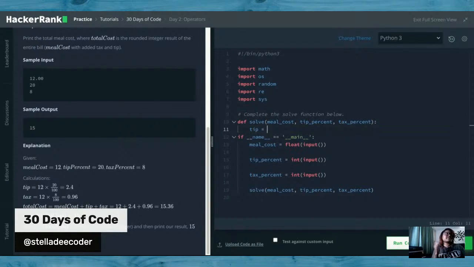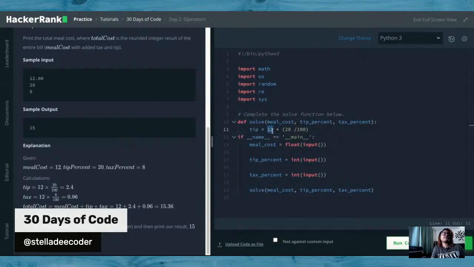So instead of us plugging in the numbers, instead of putting the 12 times 20 divided by 100, we're actually going to replace these with the meal cost, the tip percent, and the tax. Well, the meal cost and the tip percent divided by 100, because these can be any numbers and we want to be able to plug in any number at any time.